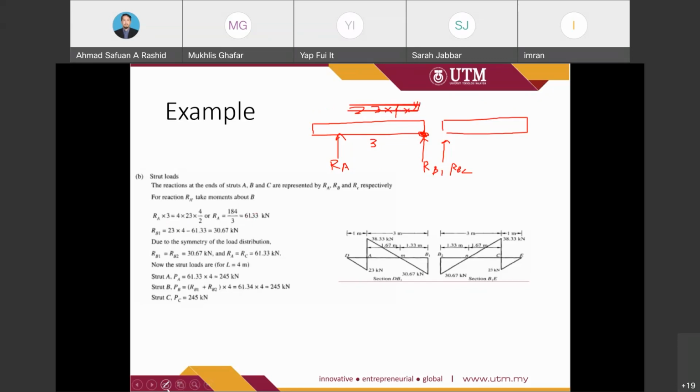So that will be to get the value of RA. 23 times 4 times 4/2 is equivalent to the moment for the distributed pressure of 23 over 4/2. So then RA is equal to 61.33.